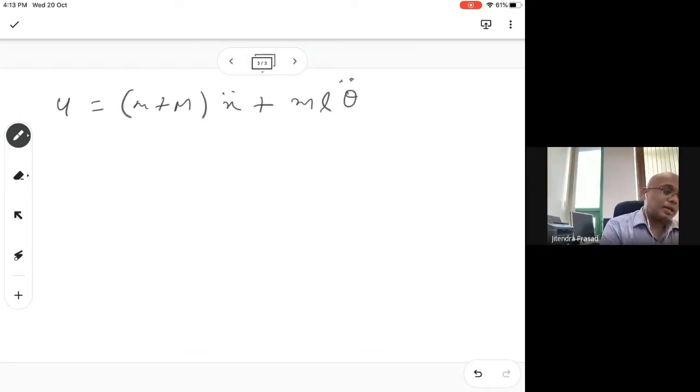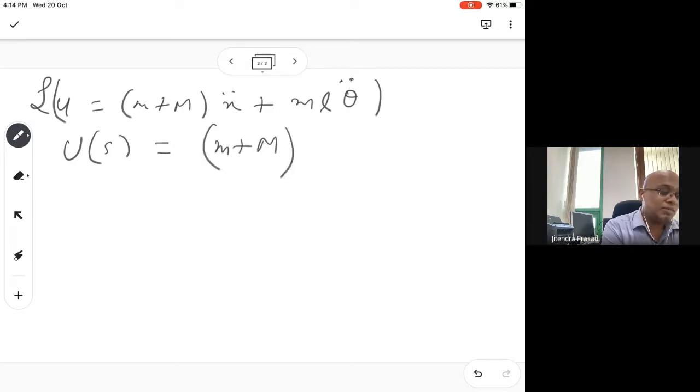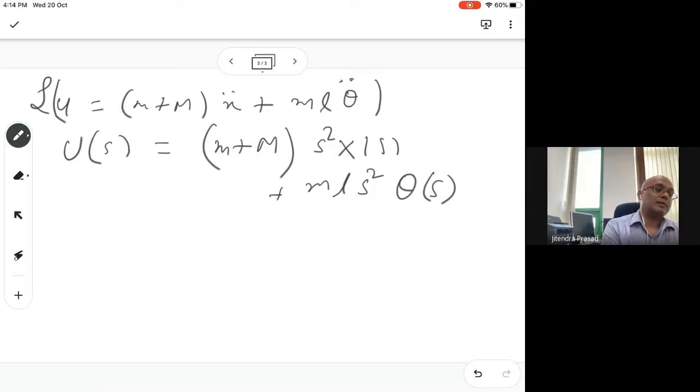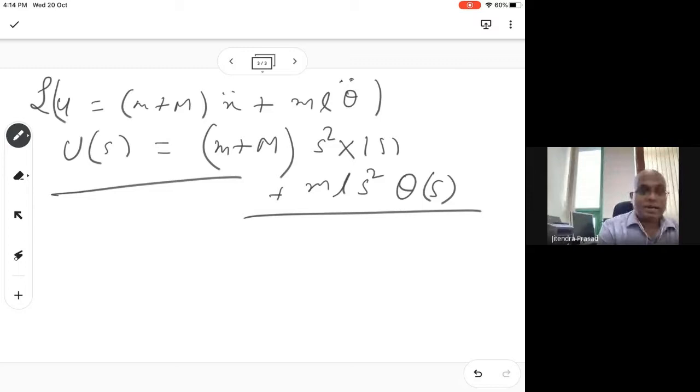Now we'll take the Laplace transform of that. So you get U(s) equal to (m plus M) s squared X(s) plus m L s squared Theta(s).